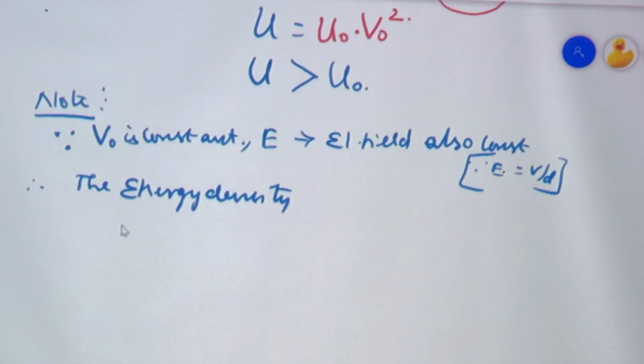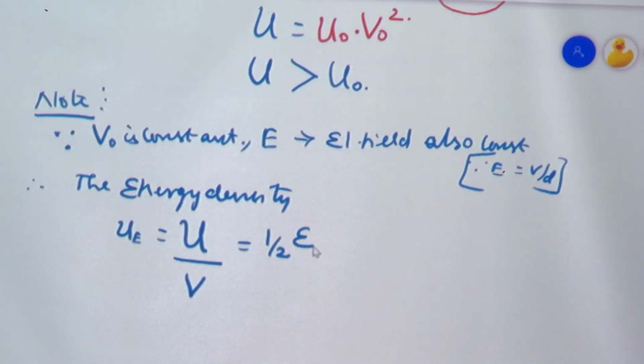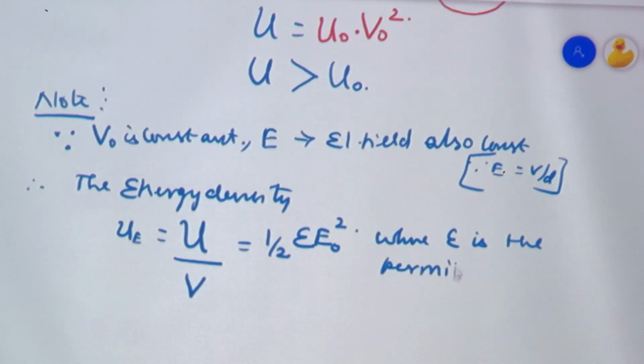The energy density is epsilon divided by unit volume, which is equal to half into epsilon into E0 square, where the electrical field is E0 since V0 is constant, and epsilon is the permittivity of the dielectric medium. Hope you have understood this.